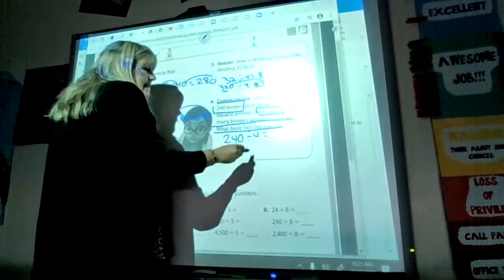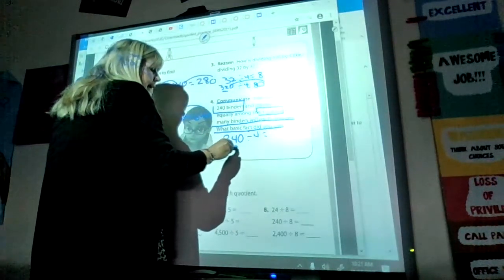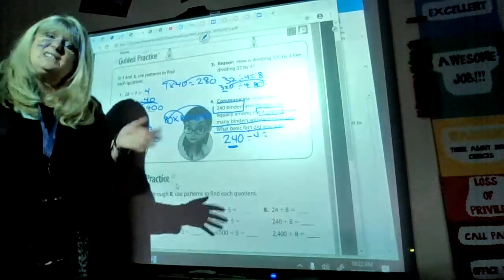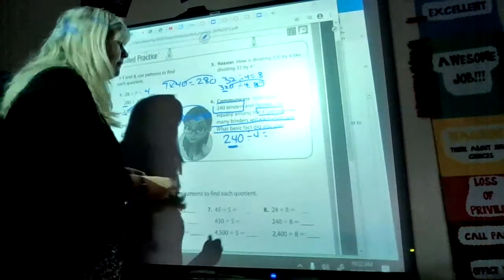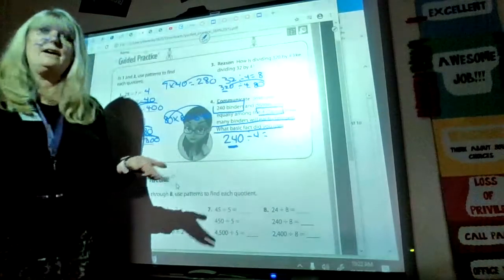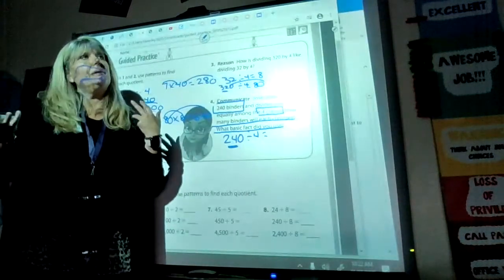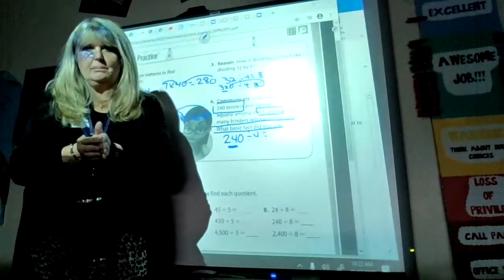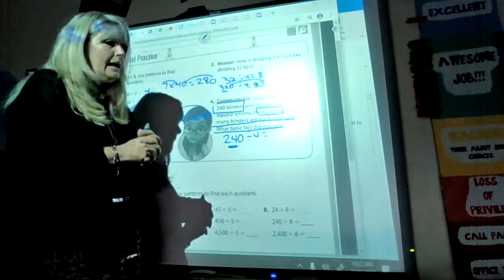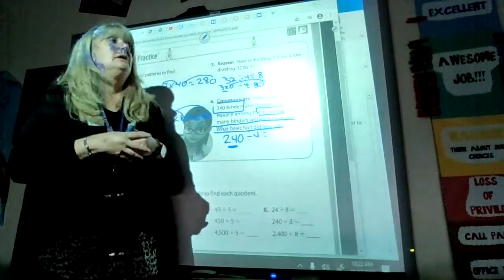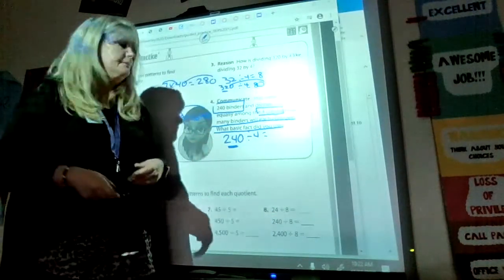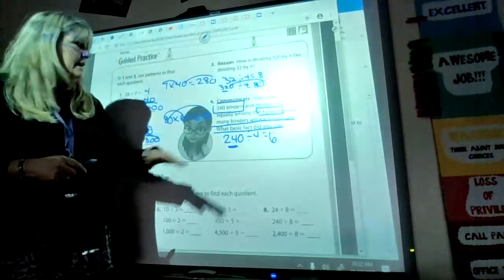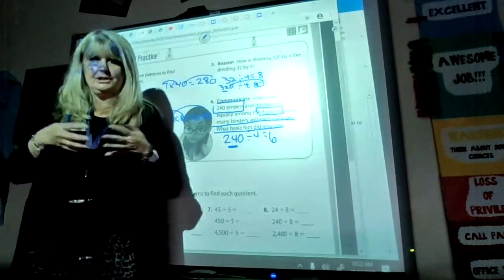Okay, when I look at this, the simple fact that I'm looking at is 24. That is my dividend. That is what I'm going to divide out. My 4 is the divisor. Well, I'm thinking to myself, okay, what times 4 is going to get me 24? And if I know my 4s, the answer would be 6. So I know part of my answer is 6, but I know I didn't divide into 24.